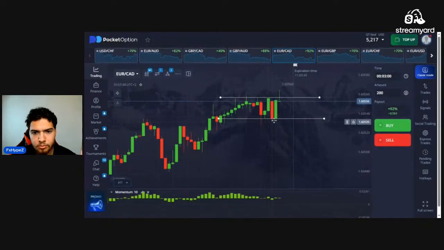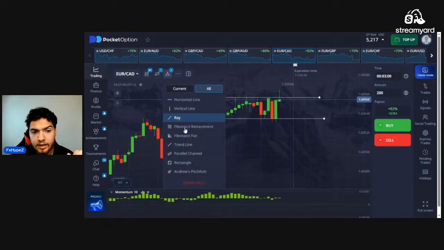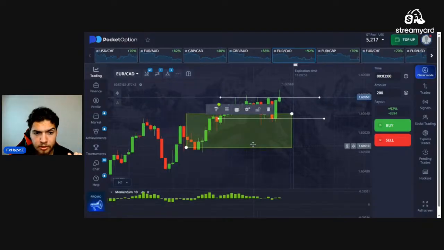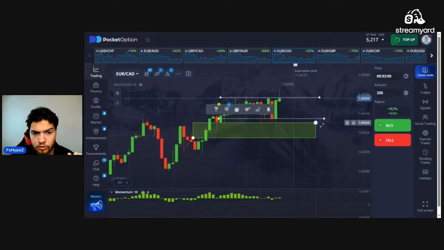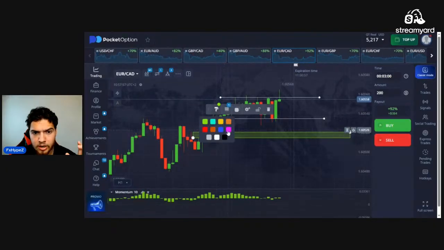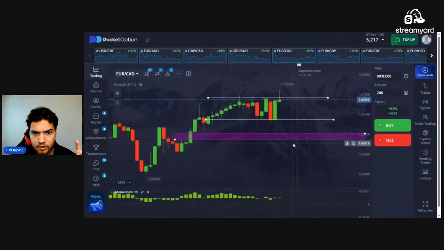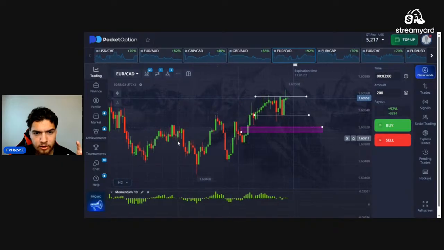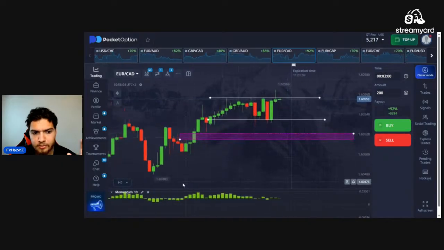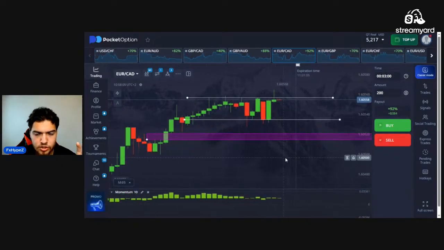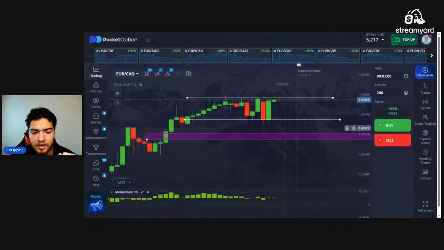Although if price does break support here, I will also take a sell, maybe not a 3-minute sell, but maybe a 1 or a 2-minute sell position, because we do have this fair value gap down here, which price could come down and fill. But with this swing of bullish momentum here, and with the momentum indicator being bullish, I'll probably be more comfortable taking a 3-minute buy position right here on EuroCAD.